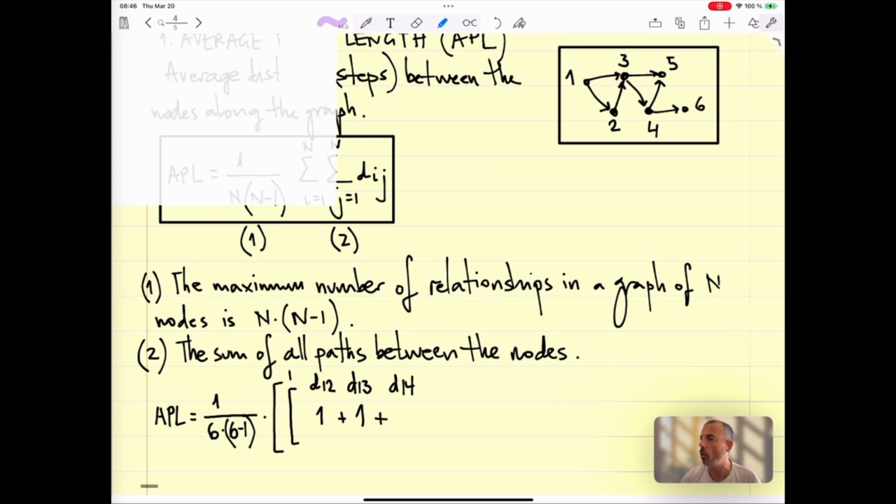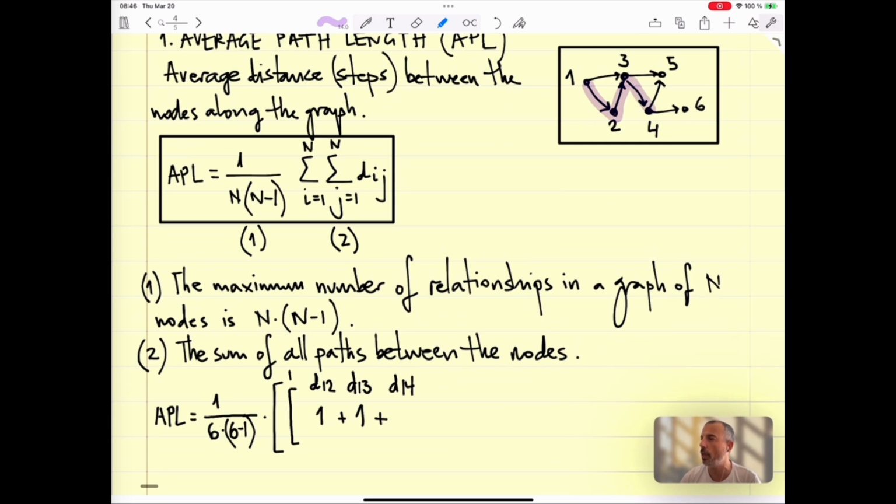I don't go through 2, which would take 3 steps. I go through 2 steps. Plus the distance between 1 and 5 is also 2 steps. The distance between 1 and 6 is going to be 3 steps. Okay?